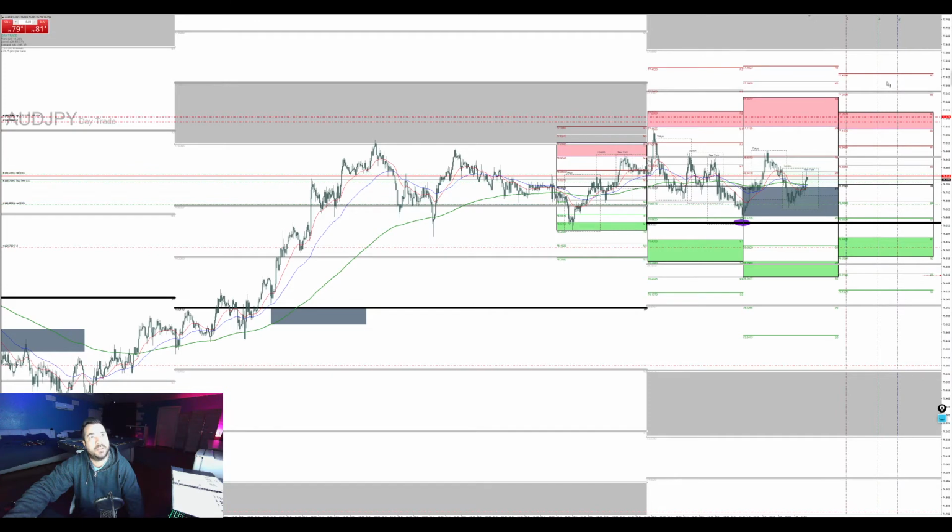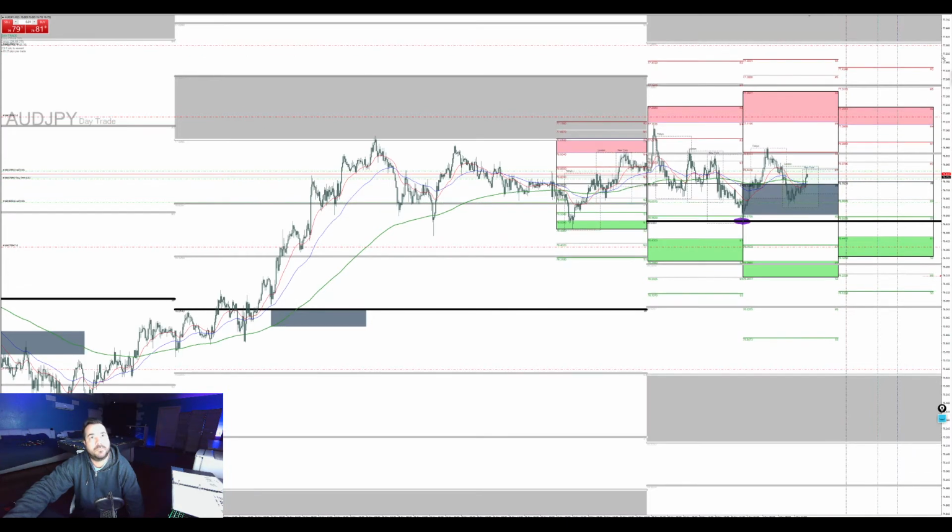It's been in a tight range. All right. Yeah, it's been in a real tight range, so kit and caboodle.